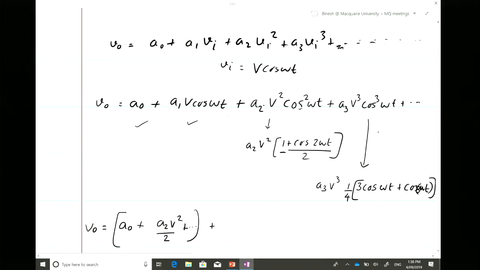And now the term for omega t. We have one here and we have one here, right?